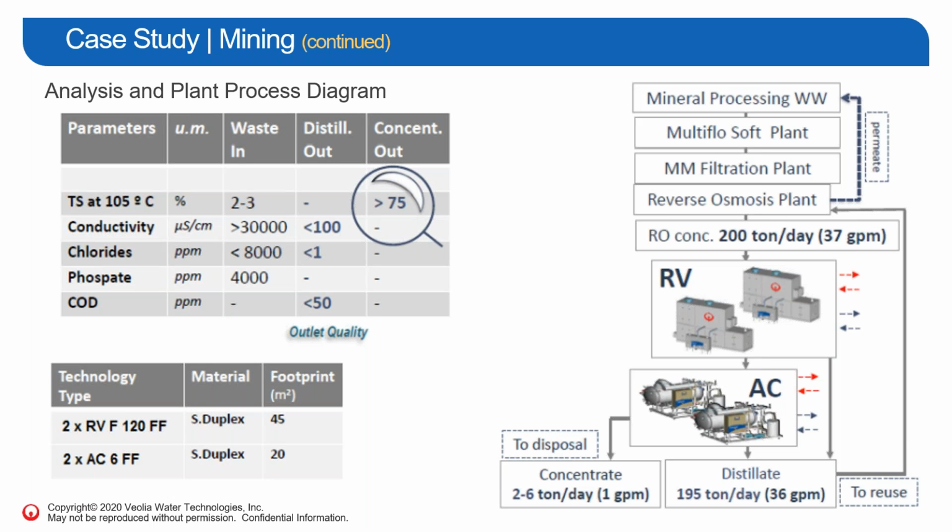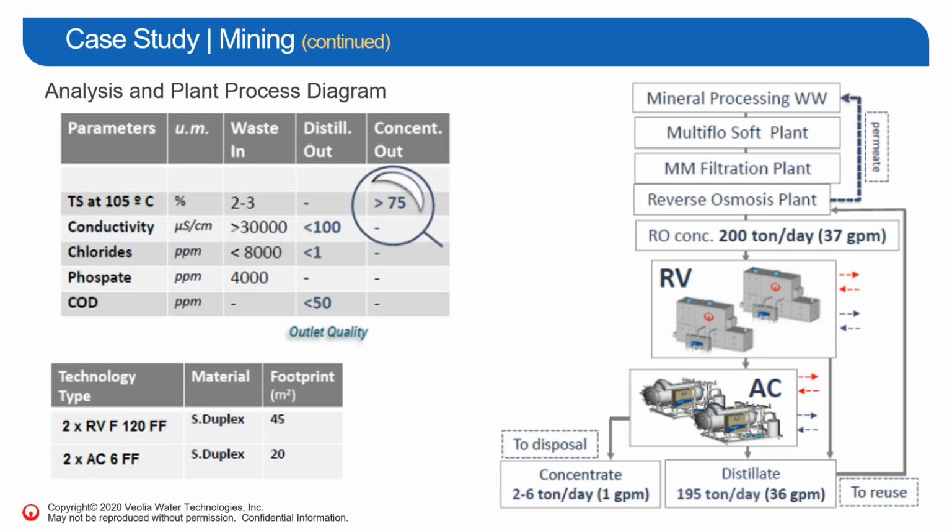We are talking about multi-flow softening, filtration, reverse osmosis, and the concentrate of the reverse osmosis is treated with one of the biggest installations in the world for evaporation. Two of the biggest units plus 2 ACR. So we have the two-step evaporation. In the first step, we use forced circulation in order to get around 25–30% of solid in the concentrate, then we further concentrate with the ACR, where we are able to reach 75% of solid in the concentrate.